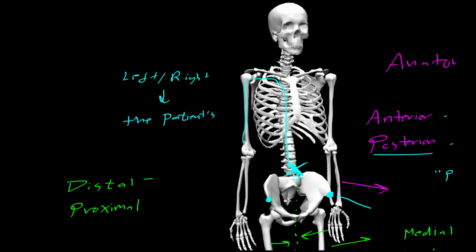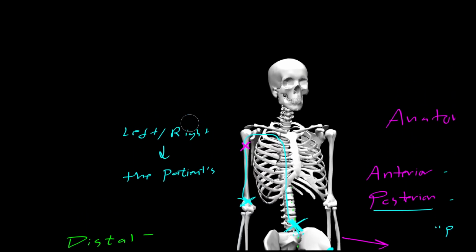So the distal part of the humerus is out here, and the proximal part of the humerus is back up here. Because it's closer, prox as in proximity. It's closer to the center of the body.